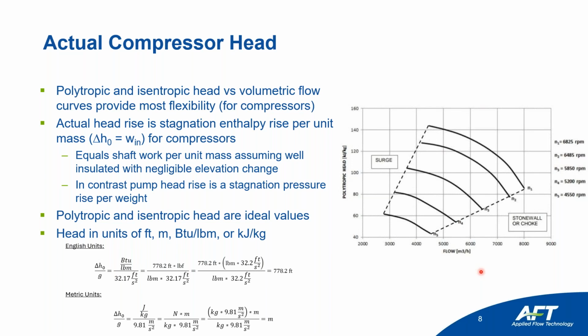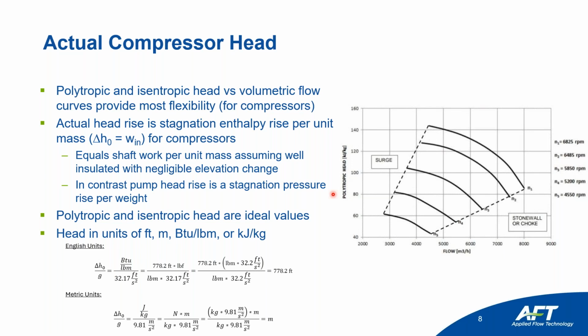The thing that can trip people up is they see head, because sometimes it might not say polytropic head or isentropic head. In that case, you should ask the manufacturer which one they mean, or see if there's something else on the data sheet or any other information that tells you which one it is. Anyways, people see that head and they think it's the same head as the pump head, but it's very different.